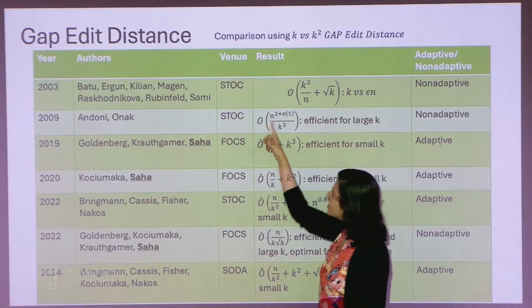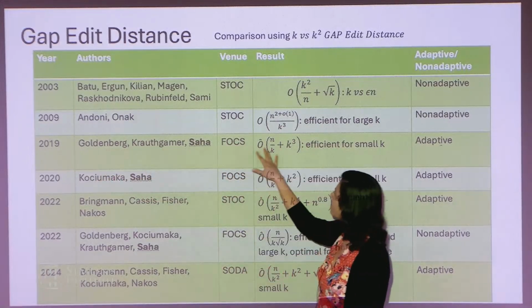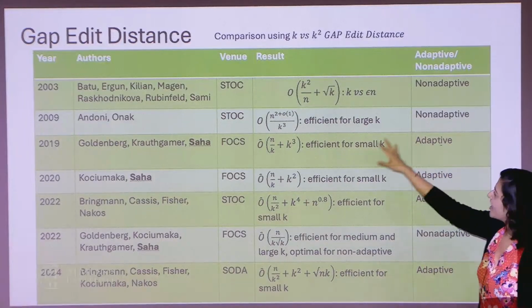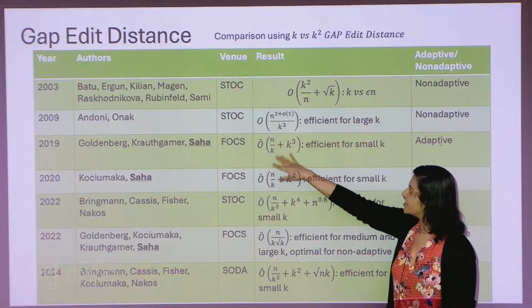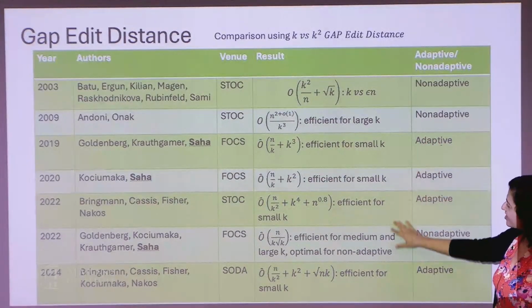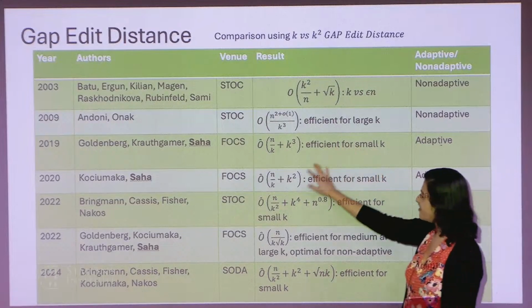So the sublinear time algorithm for edit distance was picked up by us in 2019, where we gave an algorithm for k versus k squared, which has this running time n over k plus k cubed. And after that, there has been a lot of work here, and a lot of improvements came in pretty quick sequence.